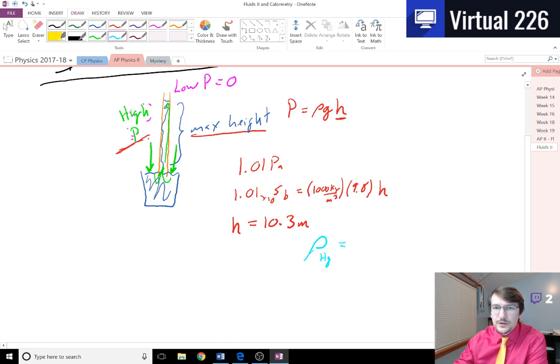So density of mercury is actually much, much more than water. While water is 1 gram per centimeter cubed, mercury's, according to the internet, 13.7 grams per centimeter cubed. And let's see, that would be 13,000-ish kilograms per meter cubed.